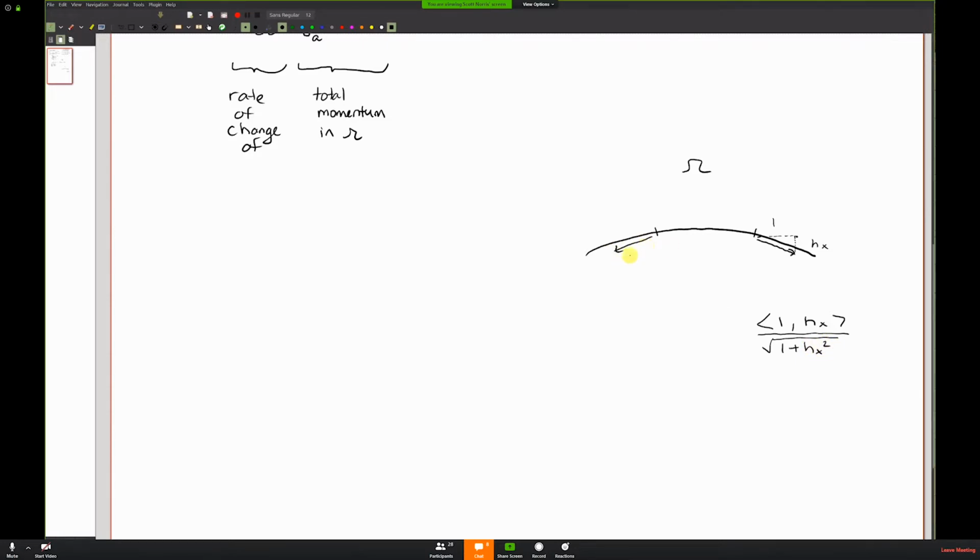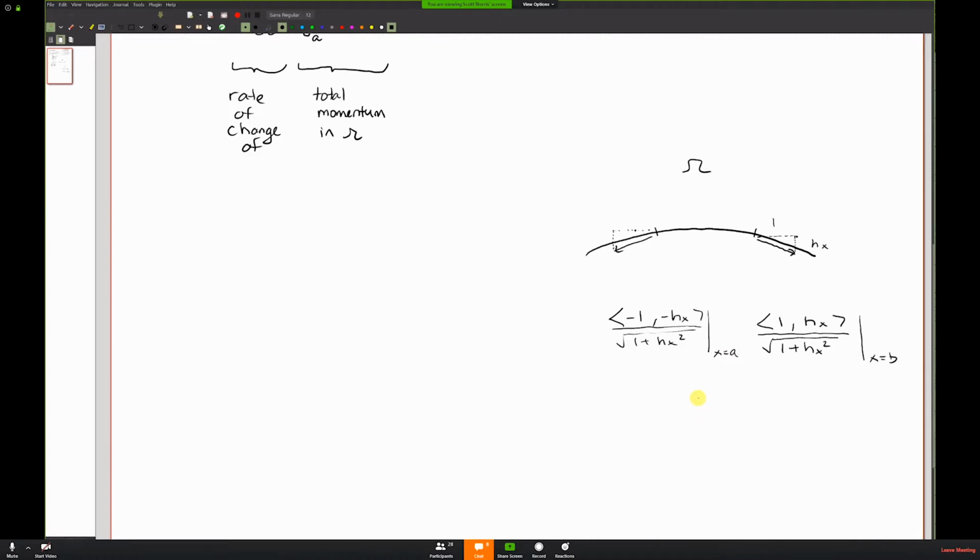Then I could go over here to this vector, which is going to point in the direction of negative 1 and negative h_x, and again its magnitude is going to be the square root of 1 plus h_x squared. The only difference is that it looks like they're exact opposites, but we have to remember that this one is being evaluated at the point B, and this one is being evaluated at the point A.